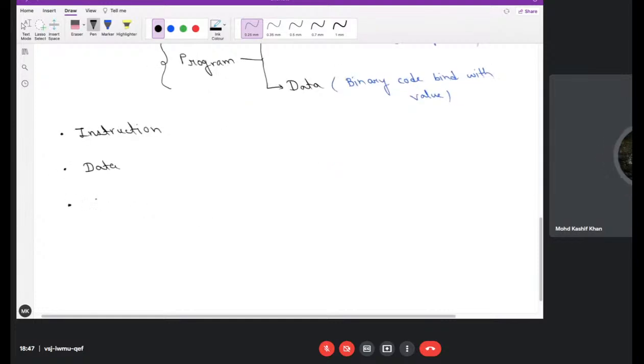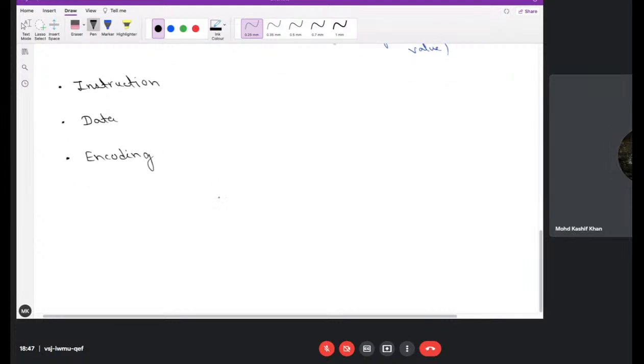Then next keyword is, just write, encoding. Now we have to learn two things. One is encoding and the other is decoding. So for encoding, there is an encoder. Okay, this is the encoder.